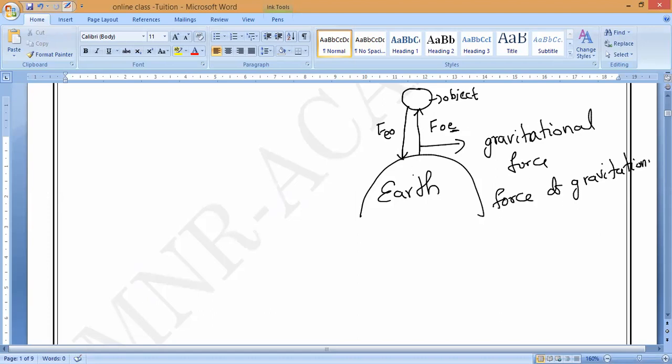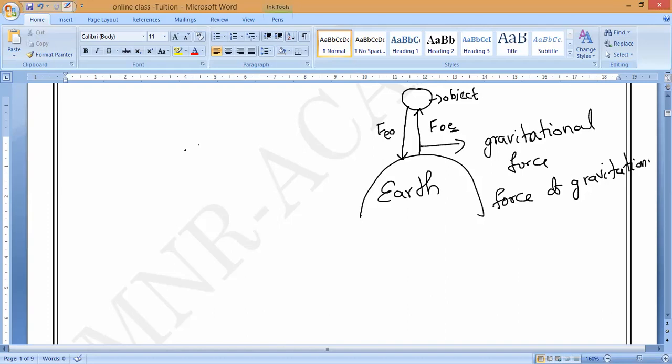So any object, if earth is exerting some force on it, then that object also will exert a force on earth. An equal force of attraction on whom? On earth, in the opposite direction.